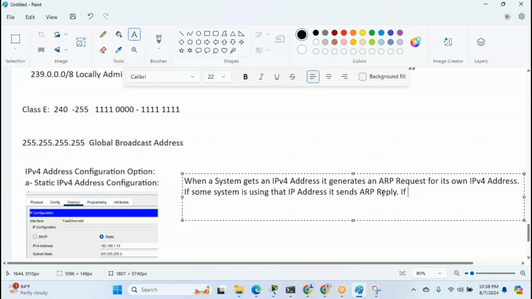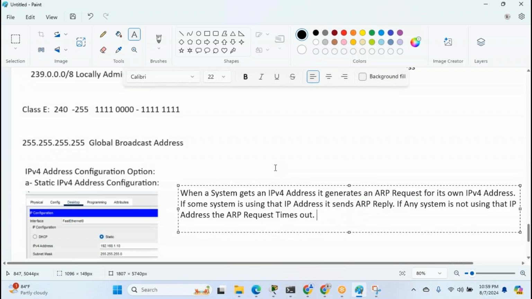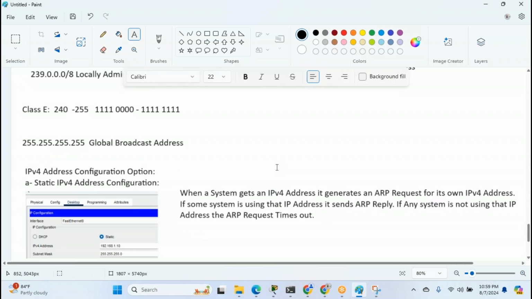If no system is using that IP address, then the ARP request times out. It means no one is using that IP address. So ARP is used to perform duplicate address detection, whether you get an IP address statically or manually, or you get it through DHCP.